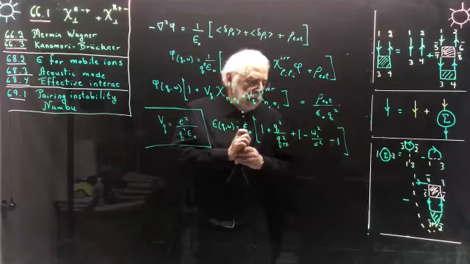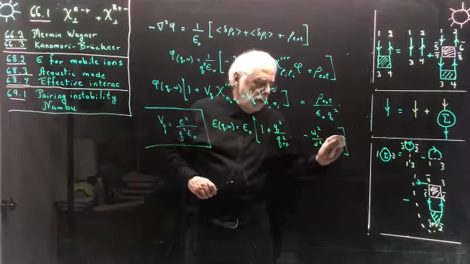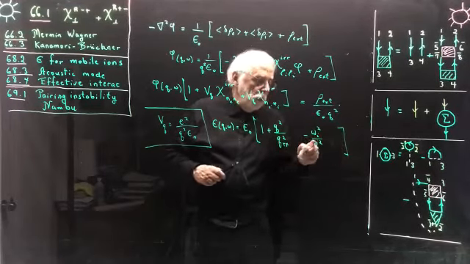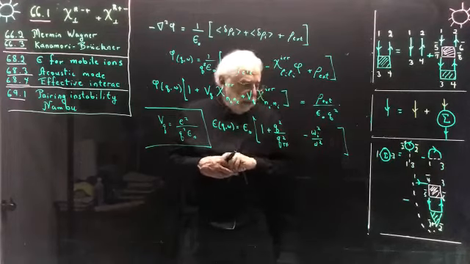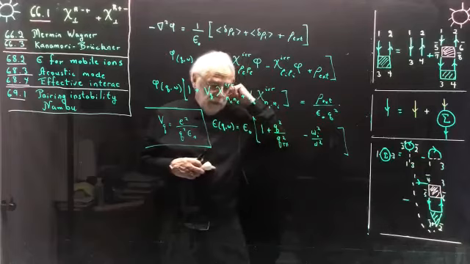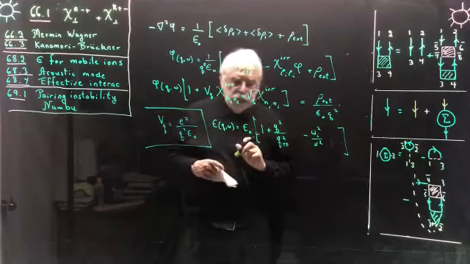So these ones disappear. Remember, this was the appropriate form, because if you look at the pole, then the pole is at the plasma frequency of the ion. So that's my new dielectric constant.